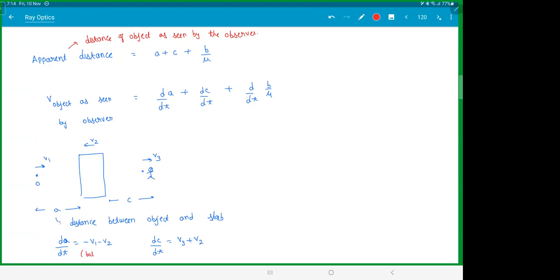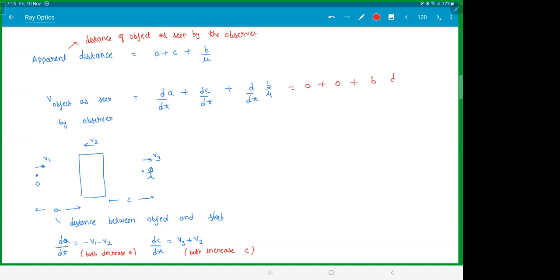Both are decreasing A. Both increase C. So be very careful that A is not the velocity of the object. It is the velocity of the object with respect to the slab. Both increase. But luckily here, these are zero because I took everything as at rest.